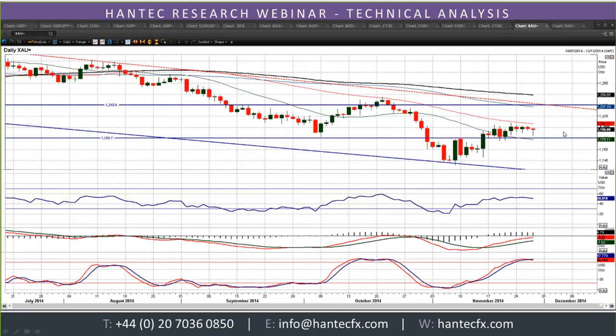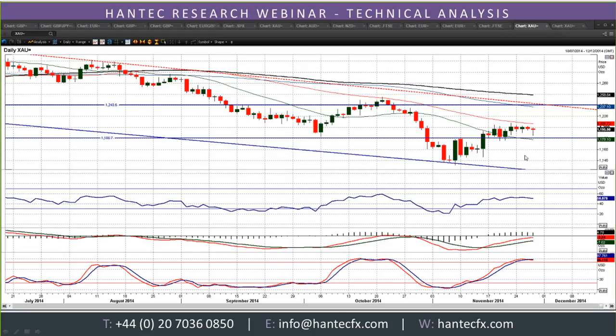On the flip side of that, if the vote comes through no, I think that quite a lot of this rally that we've seen recently is probably on the back of the Swiss gold referendum run up anyway, and I think we could see that being unwound. But you've also got, technically speaking, a lot of longer term signals still negative on gold.